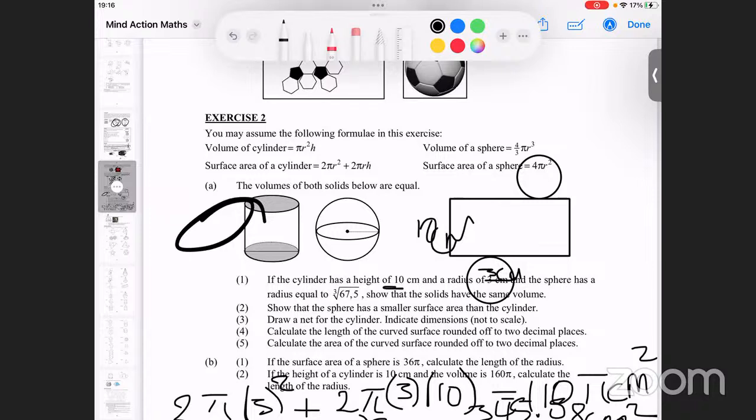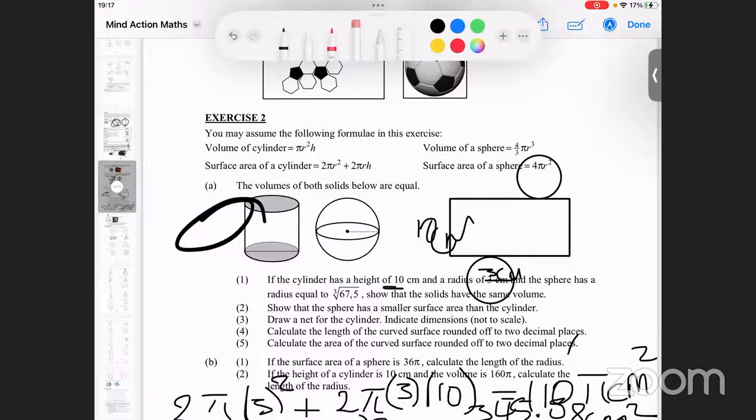Yes, ma'am. Now that we've drawn that, let's look at number 4. They say calculate the length of the curved surface rounded off to 2 decimal places.